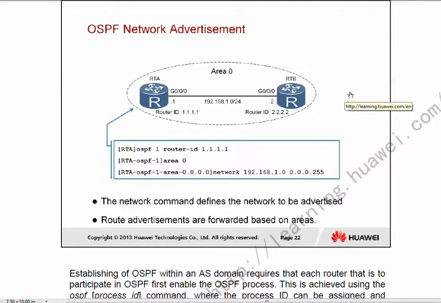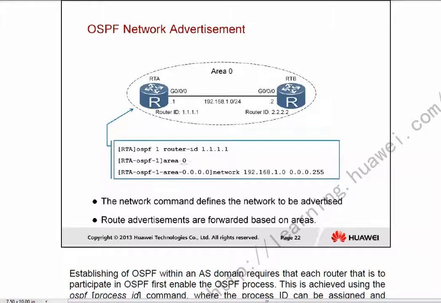OSPF network advertisement. Here we will show how to configure OSPF. Under the system view, you run OSPF with the process ID, which is 1 here, and specify the router ID, in this case 1.1.1.1.